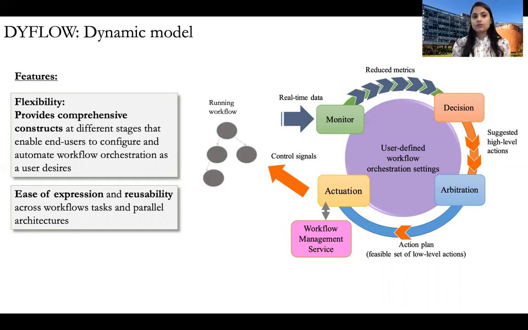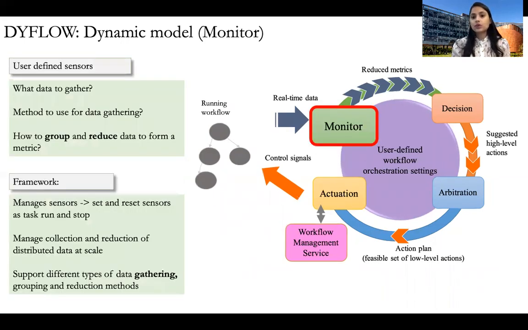For customization, we provide users with comprehensive constructs at these stages where users can express how they want to monitor and how they want to manage these different stages. These stages are easy for users to express their requirements in, and they are reusable across different workflow tasks and parallel machines.